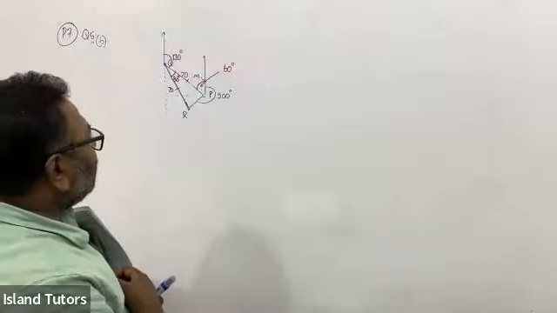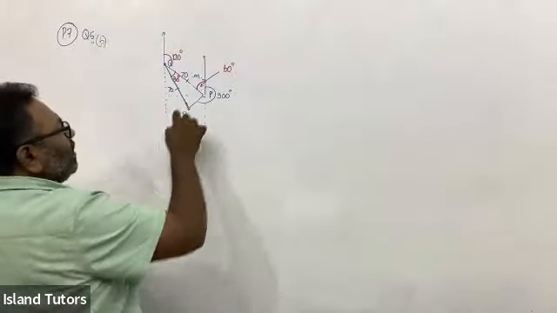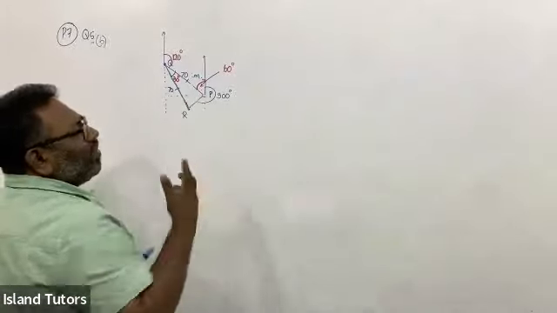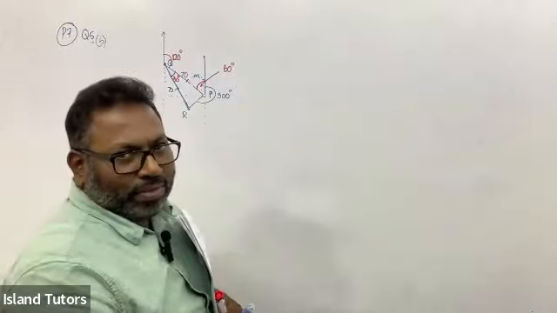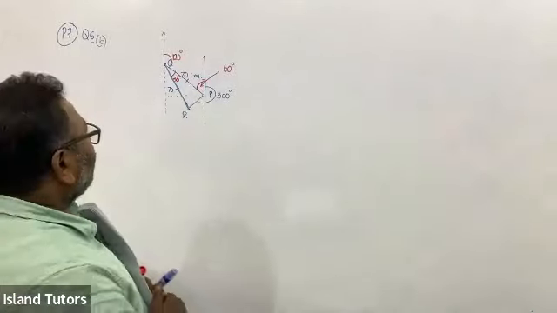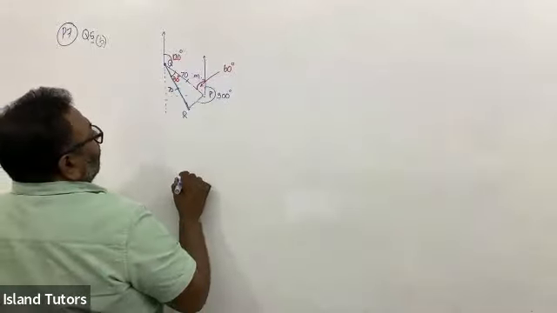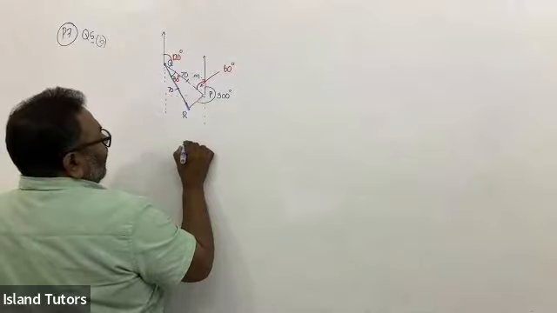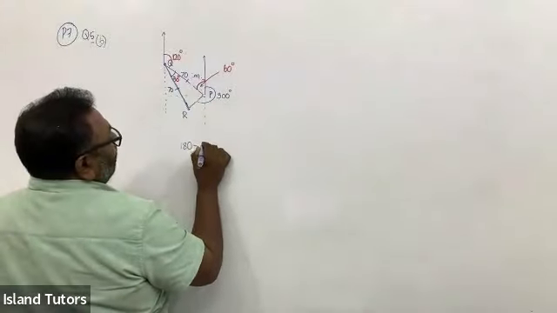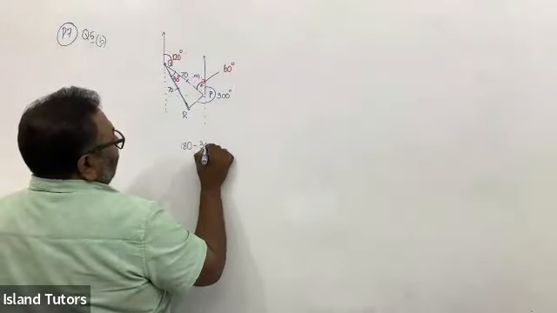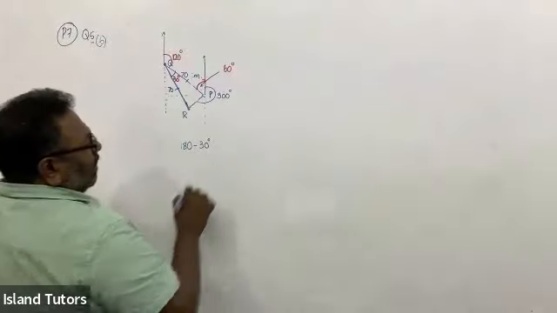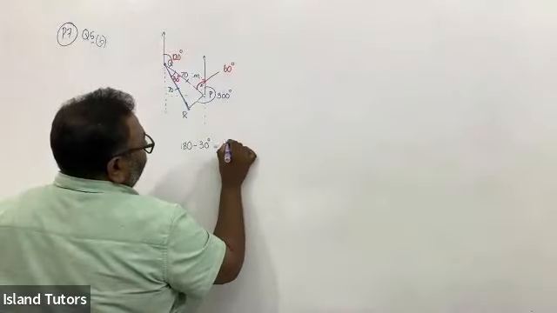So if that angle is 30 degrees, then these two angles have to be equal to each other. 180 minus 30 is equal to 150.